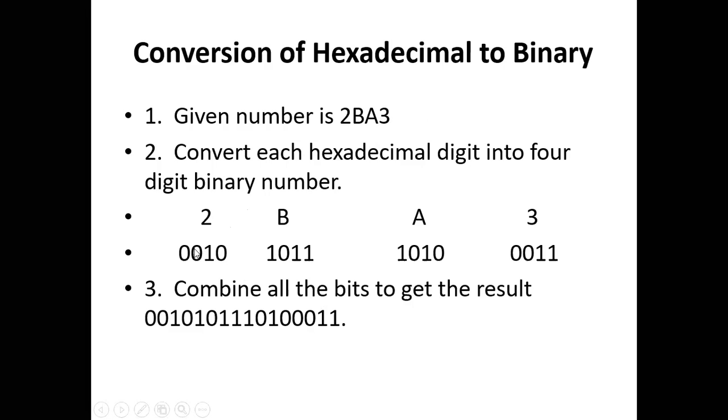It will be 1, 0. So to complete it, you put 2 zeros there. Then B, that is 11. 11 converted to binary is like this. A is 10 converted to binary is like that. 3 converted to binary is like that. Then you put them together.